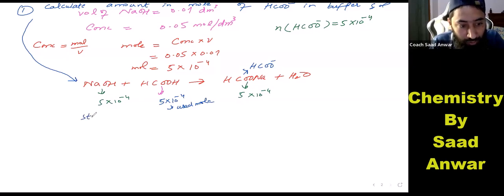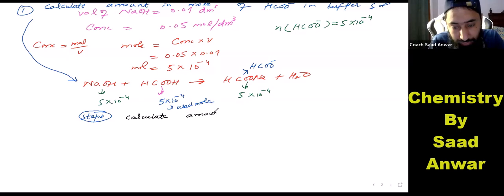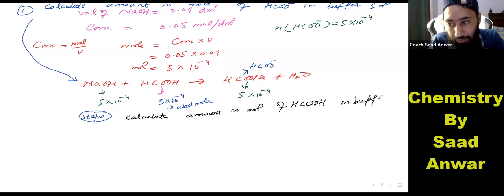So in step 2, calculate the amount in mole of HCOOH formic acid in buffer solution.